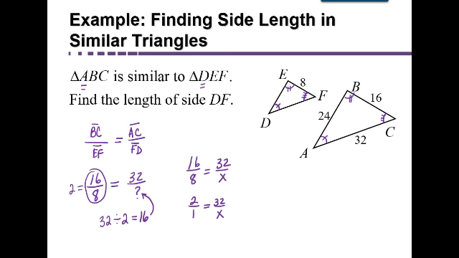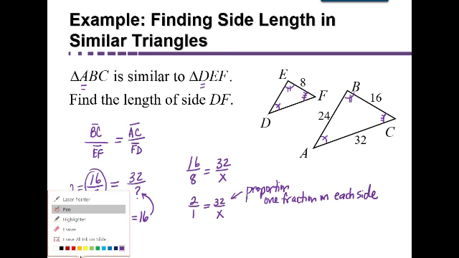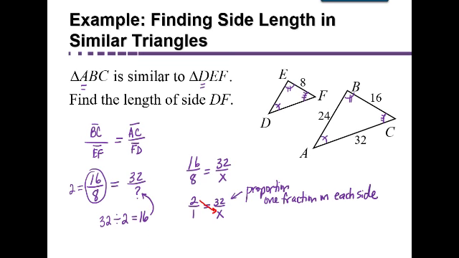This type of equation where you have one fraction on each side is called a proportion, and you can solve a proportion by cross multiplying. The product of the means equals the product of the extremes. So 2 times x has to be equal to 32 times 1. If 2x equals 32, divide both sides by 2, and we get x equals 16.